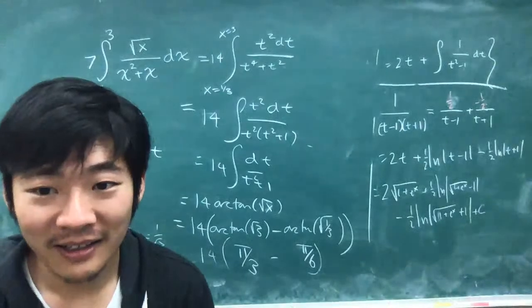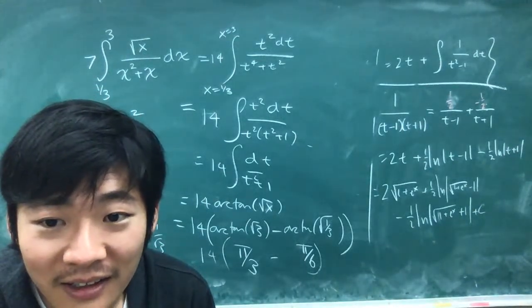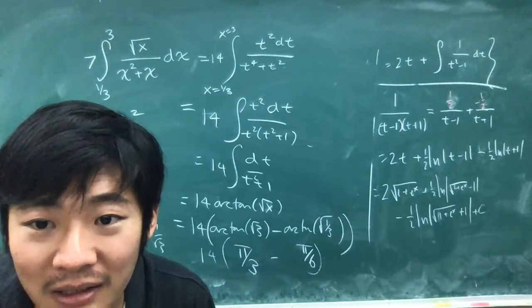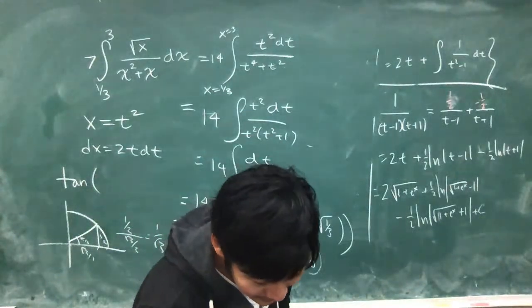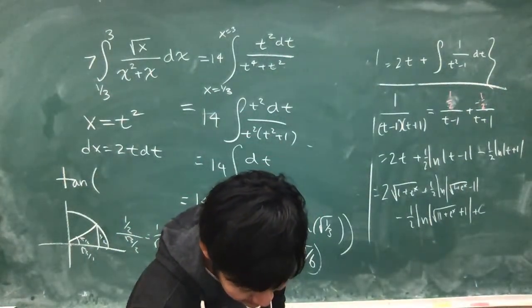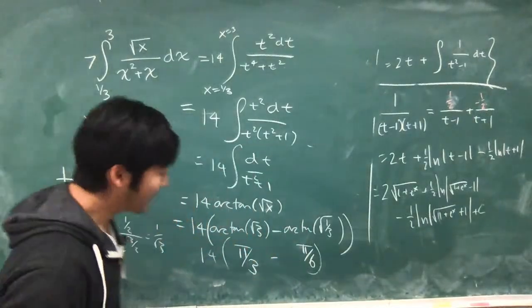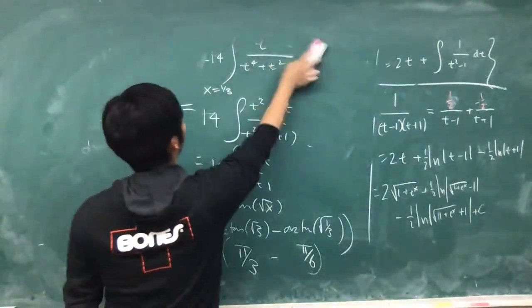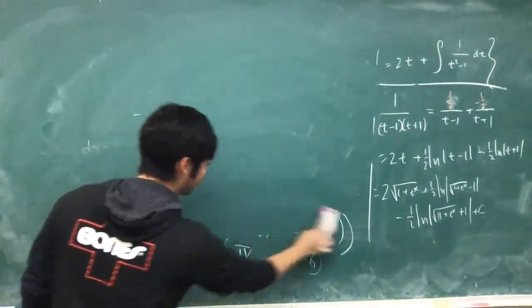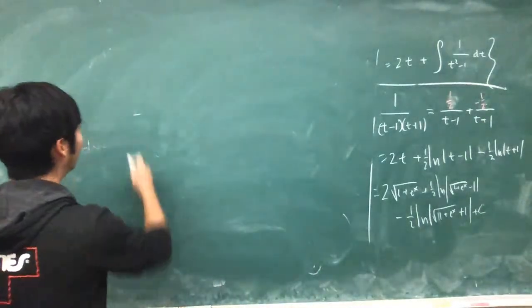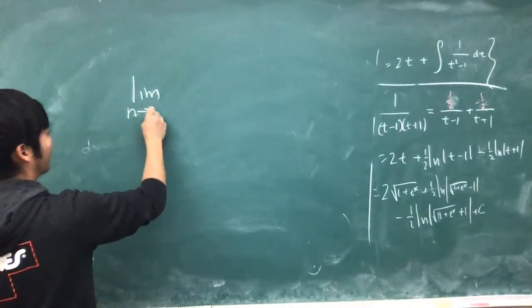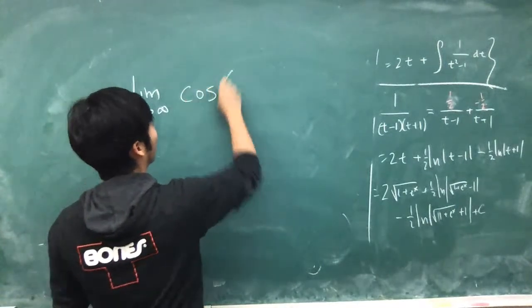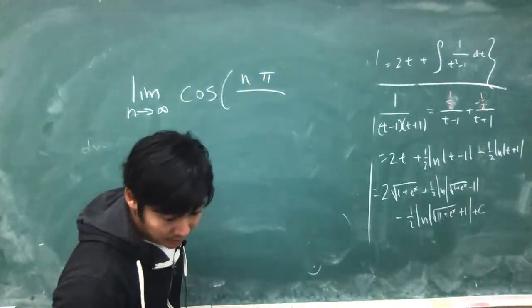Can you also do 16, please? Okay, that one. So the limit as n goes to infinity of cosine of n pi over n plus 1.